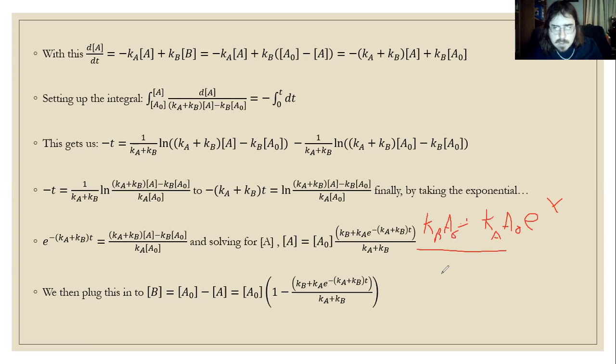And then we divide both sides by Ka plus Kb. And here I just factored the A0 out.